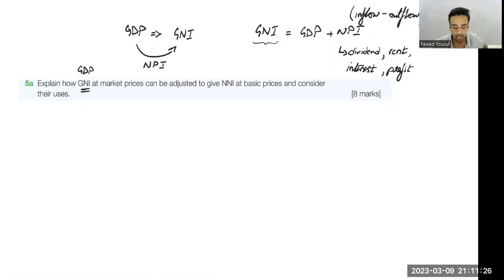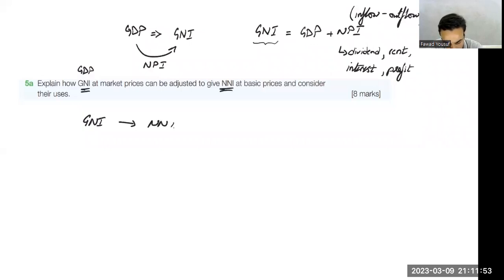So I hope you understand. Everything produced in the country is part of GDP. Everything produced with the resources of the country, whether locally or abroad, is your GNI. After that, once you have the GNI, you want to convert that into NNI.